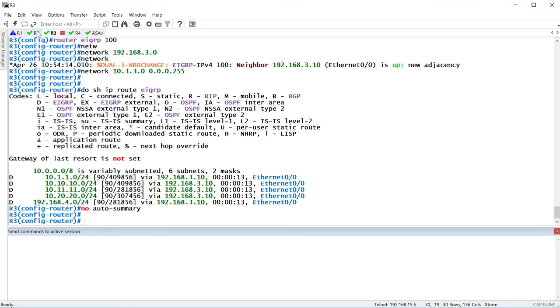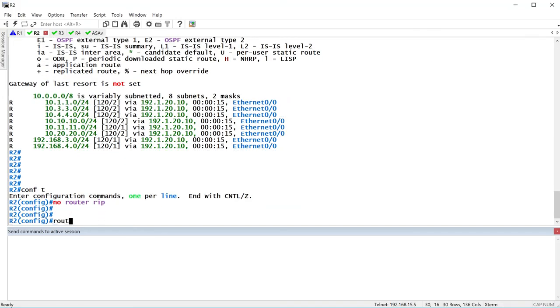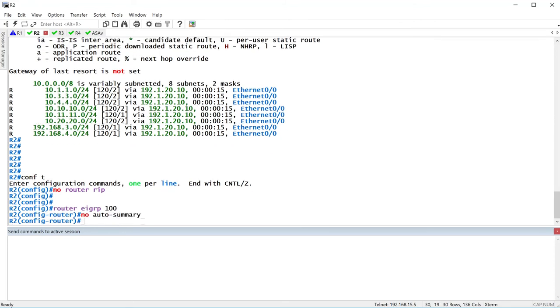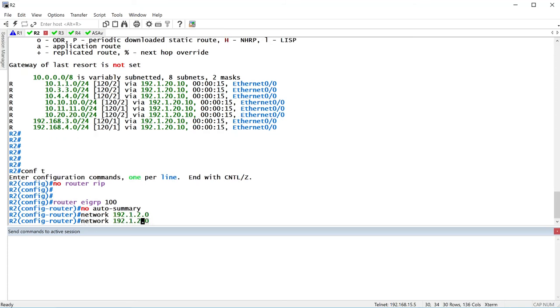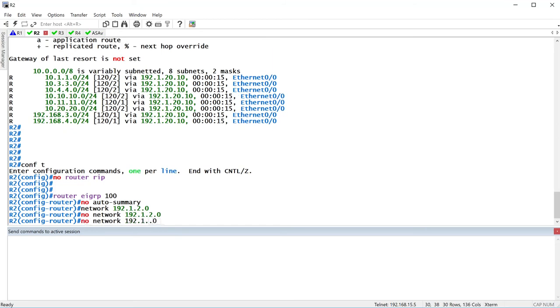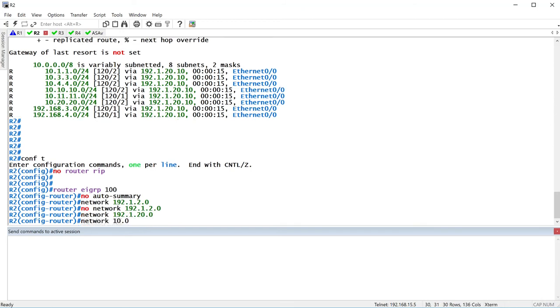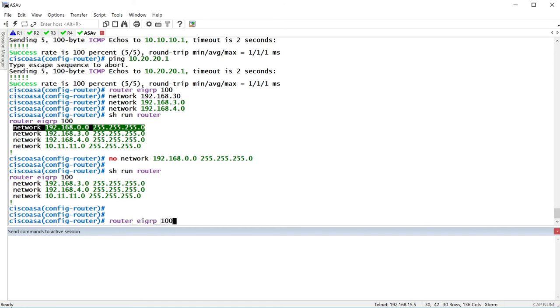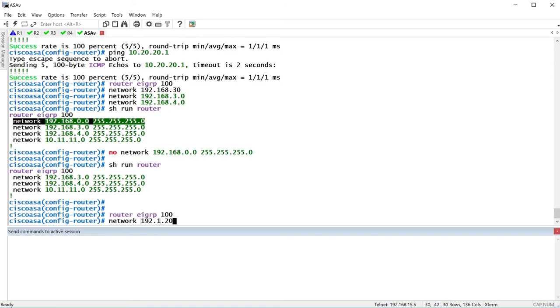So on the outside, R2, router EIGRP 100, no auto summary, network is 20.0. And we'll do 10 over here, that's good enough. On the ASA, router EIGRP 100, network is 20.0.